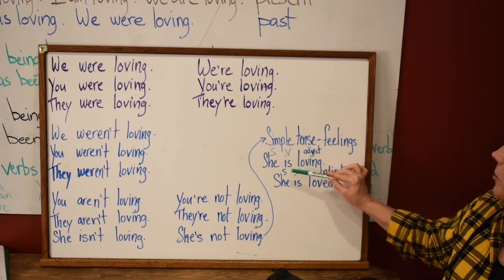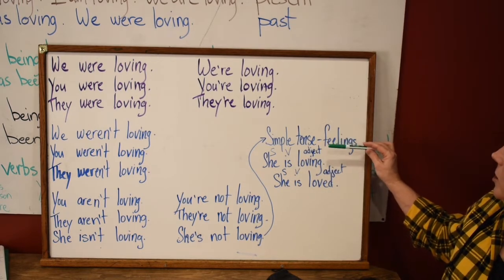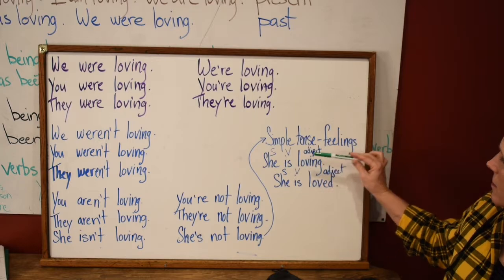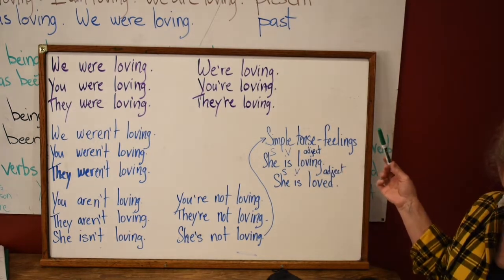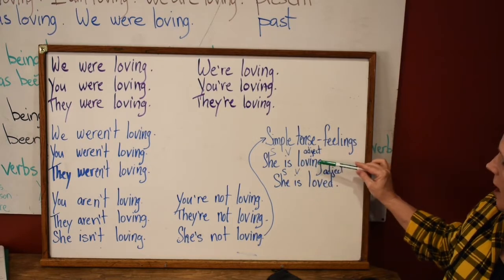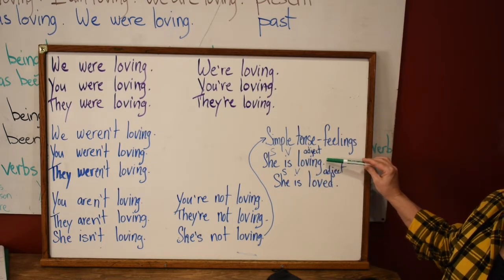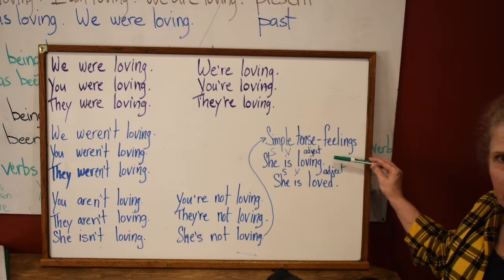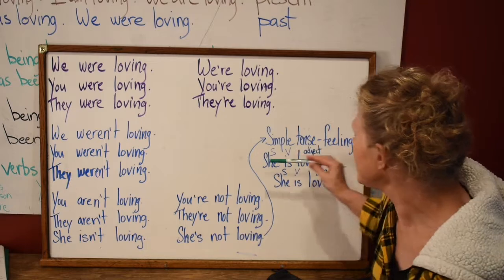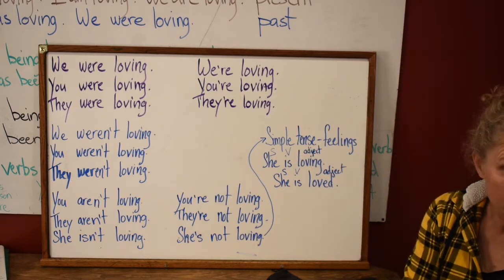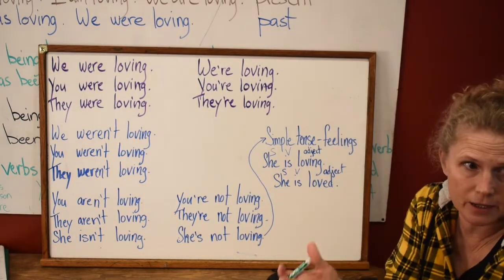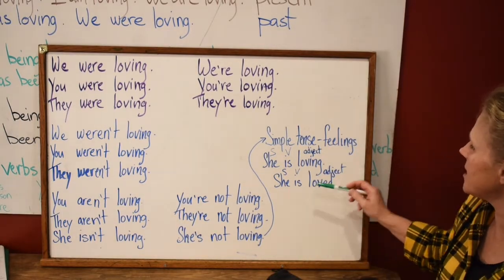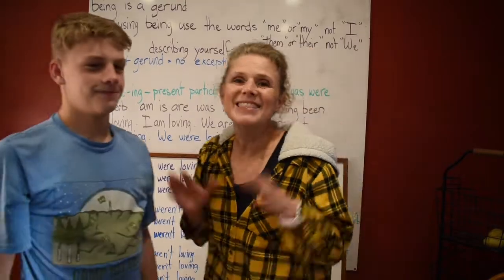But if we put our linking verb "looks" in there, because those are our feelings, what we feel, "she looks loving," this becomes a predicate adjective, right? A little bit confused? And that's when you just decide, this is what it is. This is what I decide I want it to be. "She is loved."